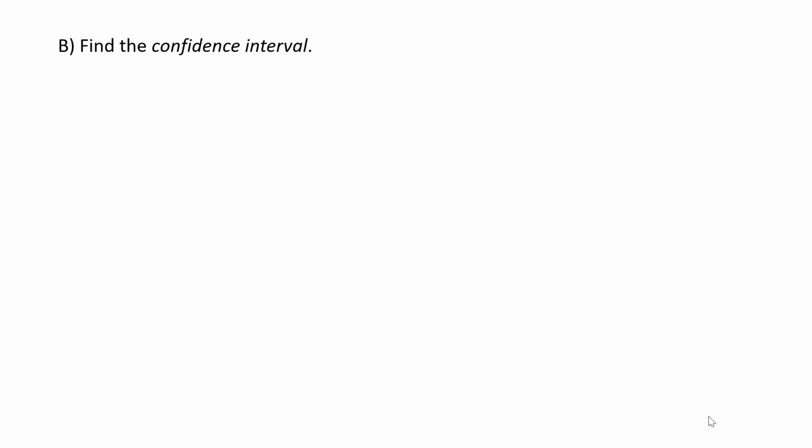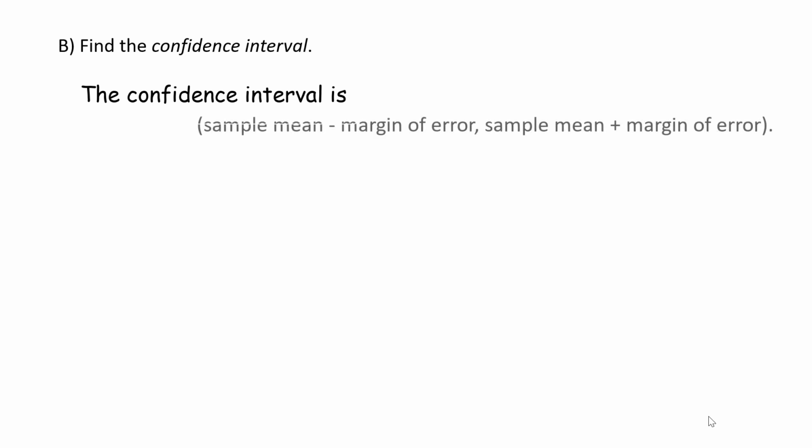Part B, find the confidence interval. The definition of the confidence interval is the sample mean plus the margin of error, comma, the sample mean minus the margin of error. So let's compute this. In the statement of the problem, we learned that the mean is 17%, and the margin of error, we just computed it as 2.9%.